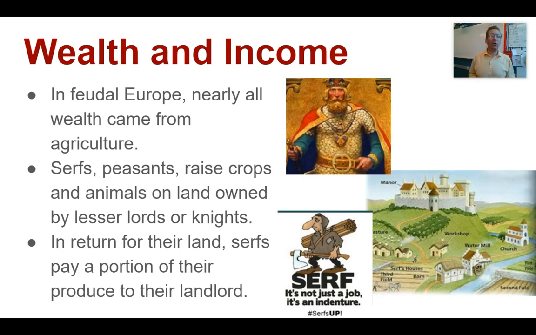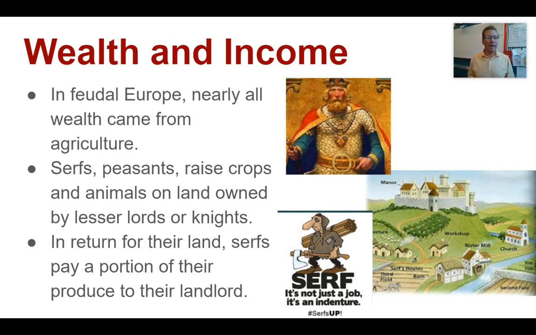Now, in feudal Europe, nearly all wealth came from agriculture. It was raising crops. It was growing things from the ground. Serfs are peasants who are tied to the land. They're not allowed to move. They belong to the land. So this group of serfs, who are peasants, raise crops and animals on the land. They don't own the land. It's actually the lesser lords or knights. Serfs don't get to own anything.